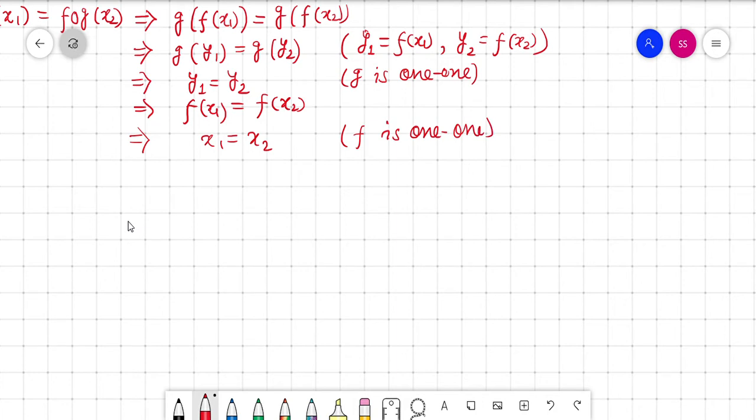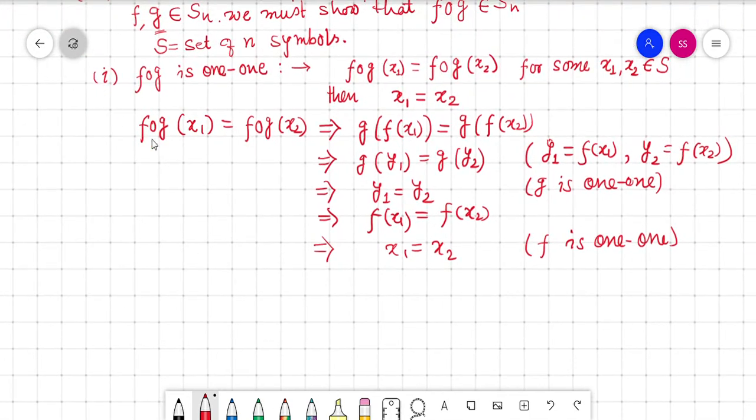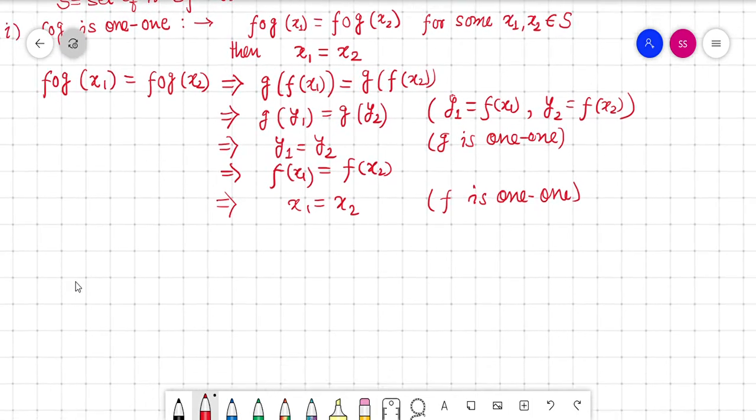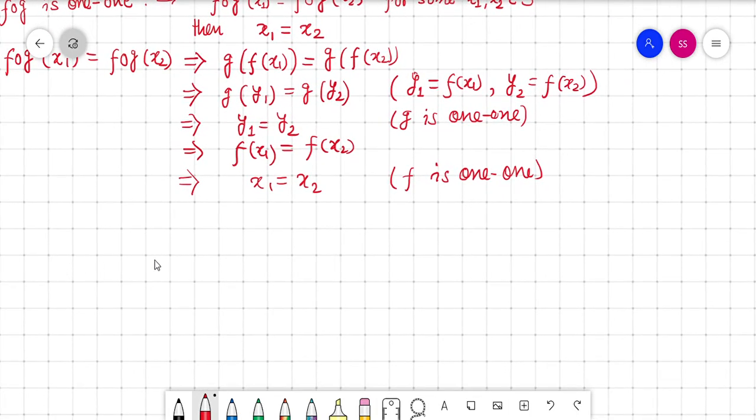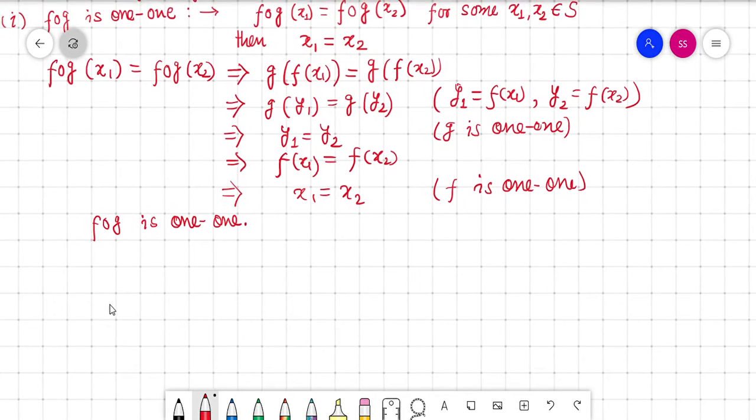So ultimately what we get is: if f composition g of x1 is equal to f composition g of x2, it implies that x1 is equal to x2, and therefore the composition must be 1-1. So this is the first property which we have.